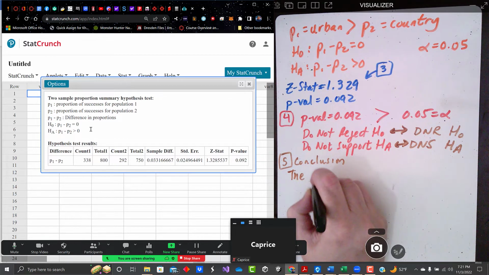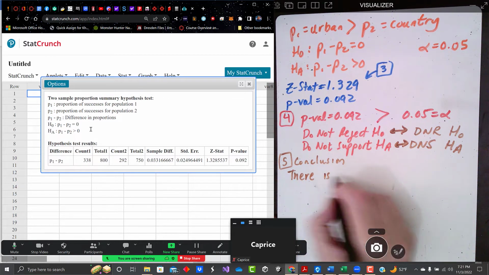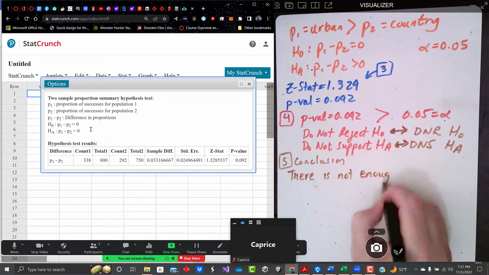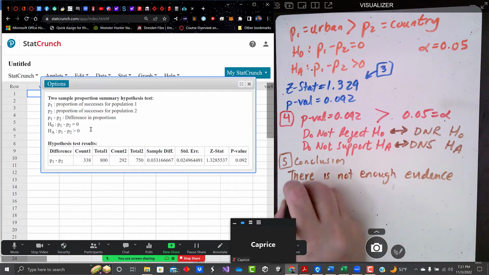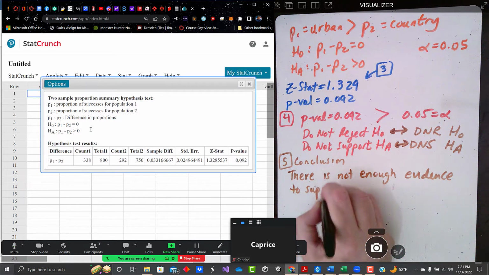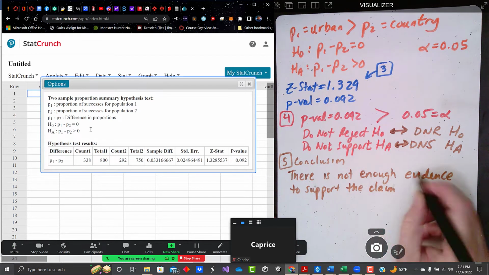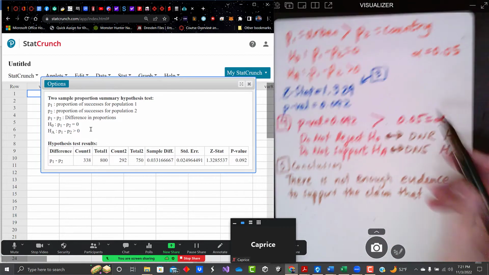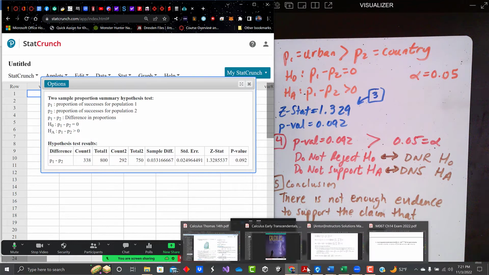There is not enough evidence to support the claim that, and we were talking about urban and country, and I'm going to just bring up the document again.